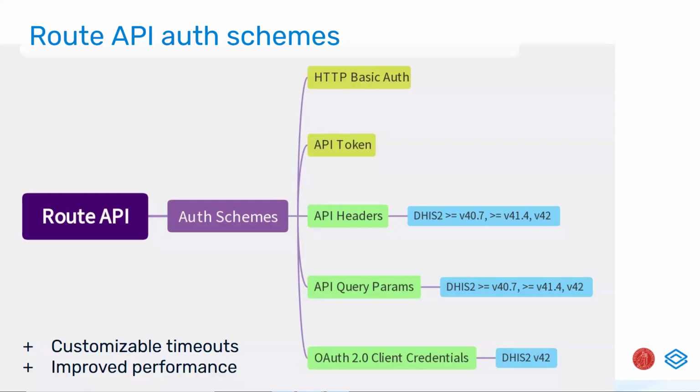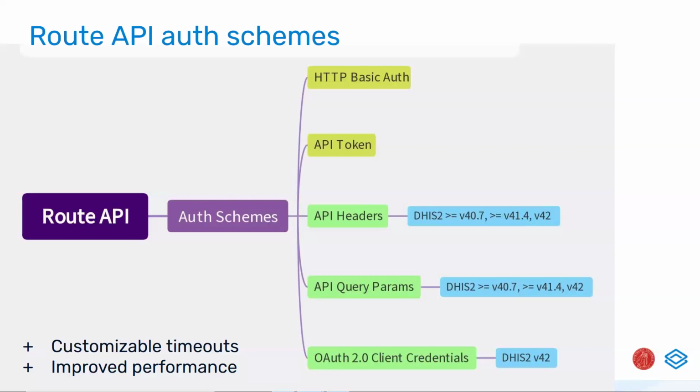This one's a little bit under the hood, but we have a Routes API, which is a very powerful way to utilize DHIS2 for authentication and authorization in order to talk to other services that might be running in your infrastructure, to be able to secure access to other things that you're using that are server-side extensions. We've added several new authentication schemes or authorization schemes to the Routes API so that it can talk to different types of backend services.